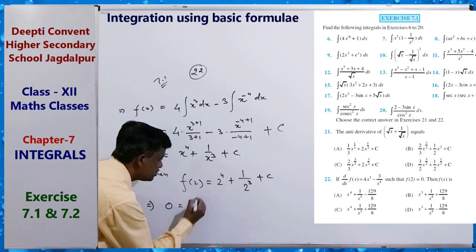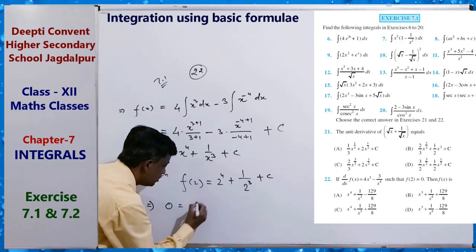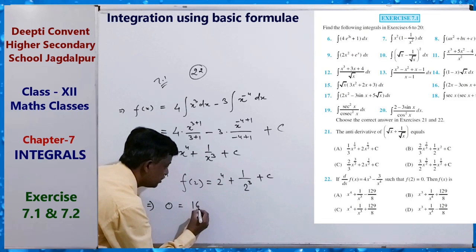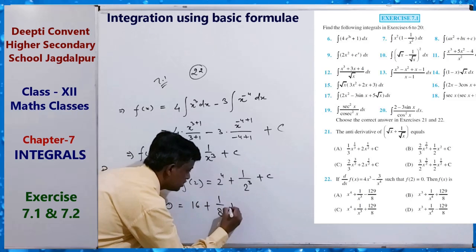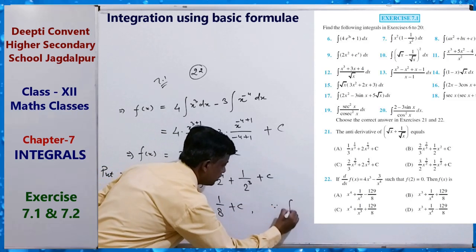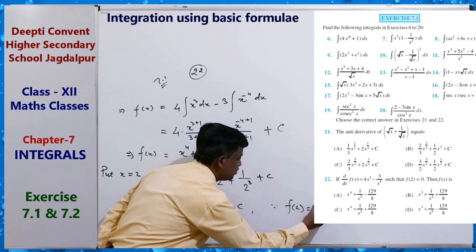So 2 power 4 means 16, plus 1 upon 8, plus c.